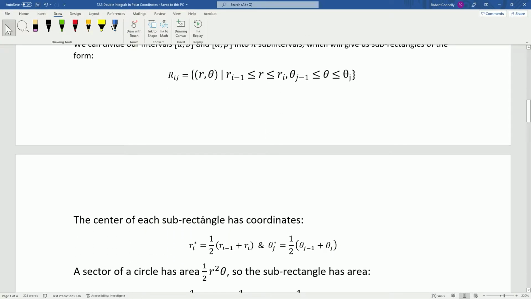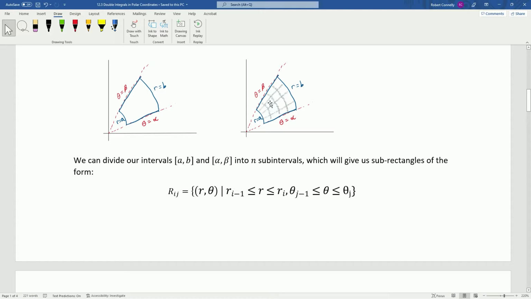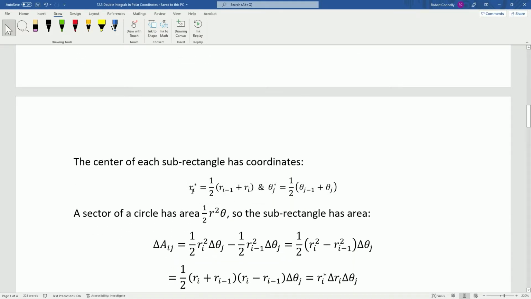Now the center of each subrectangle is going to be given by the average radius and the average angle. So you take the two subsequent radii, add them together, divide by 2, take the two angles, add them together, divide by 2. That's going to find you your midpoint for each subrectangle.